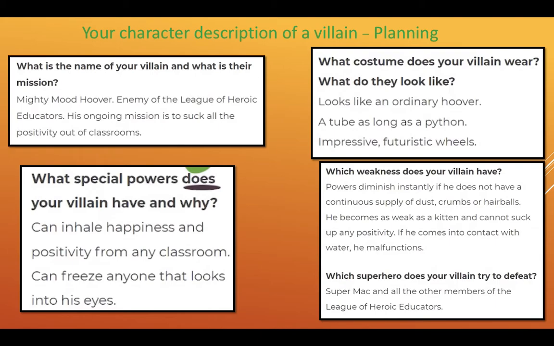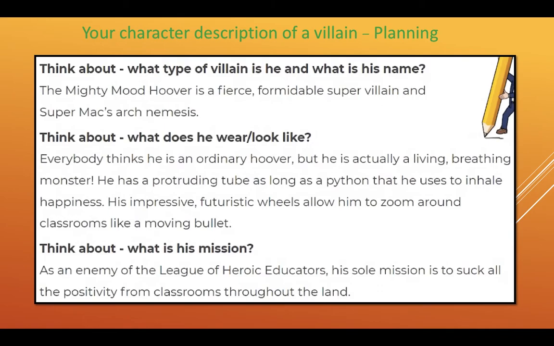Well, now you take the ideas in each section and you put them into sentences, thinking about your features of a character description. So we need to see, in the first sentence, a noun phrase. The Mighty Mood Hoover is a fierce, formidable supervillain and Super Mac's arch nemesis.